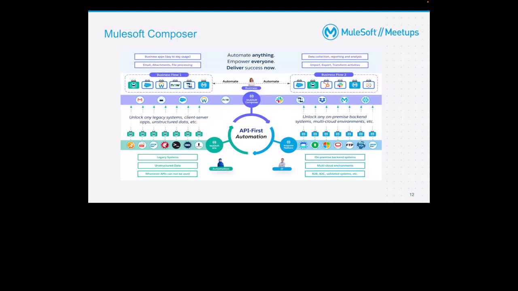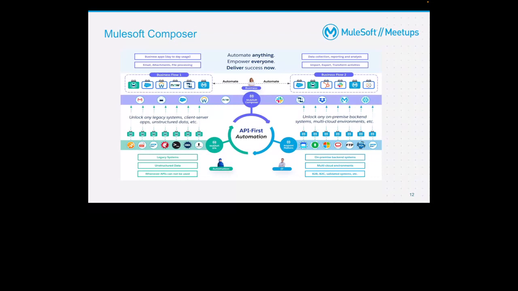MuleSoft Composer would get the data from a handwritten format into a machine-understandable format, and then send the data to my AnyPoint platform to further process it and make it more valid, such that my Salesforce would accept it as a request, right?